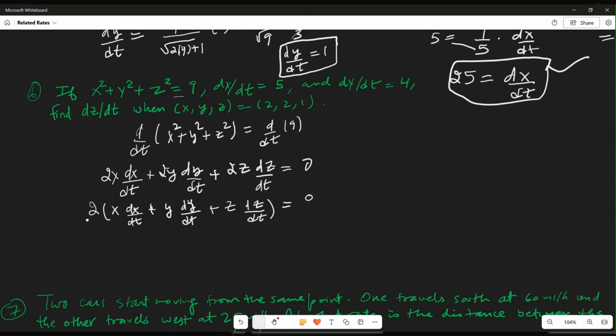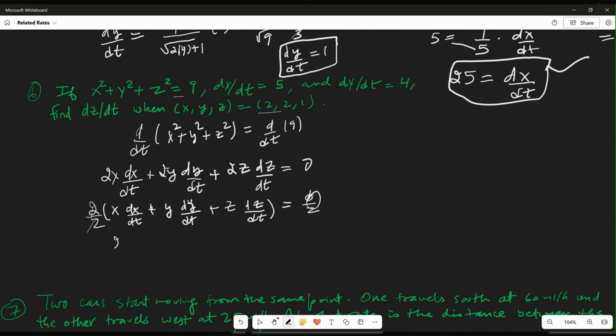So we have 2 here, so divide by 2 on both sides, so this is still 0, and what we are left with is x dx over dt, plus y dy over dt, plus z dz over dt. And now we can just plug in the points and the values we have.